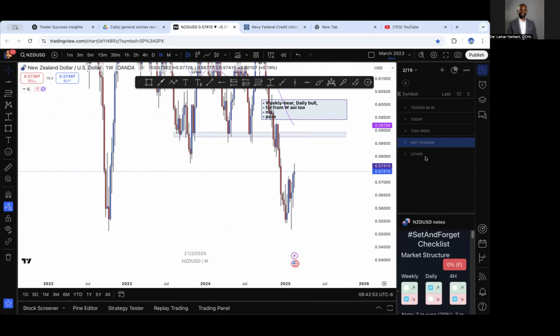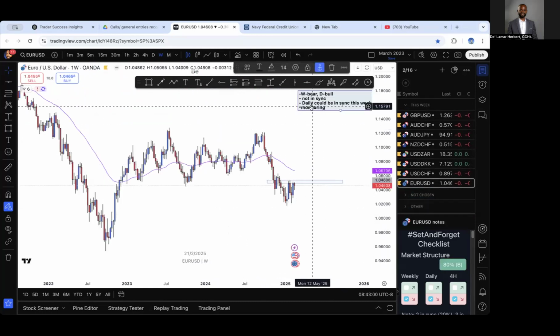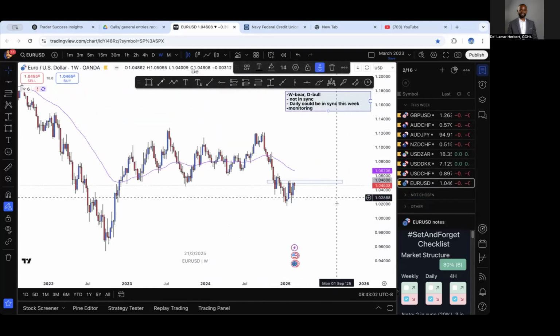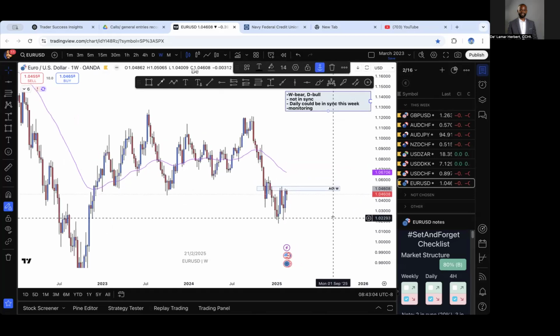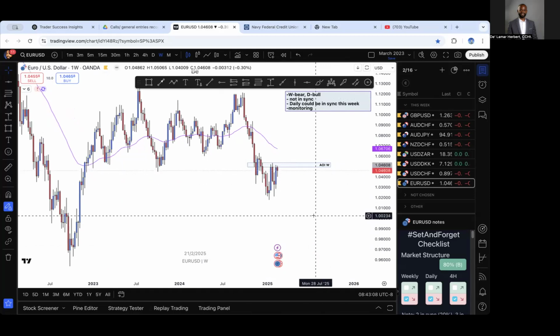We want clear structure. Okay, so for this week, let's start with the EUR USD trades that I'm interested in. That could happen this week. See the weekly here, this is EUR USD. We are at the area of interest.